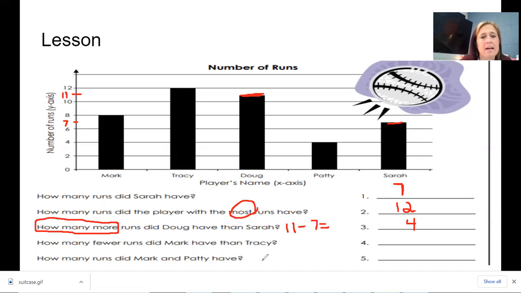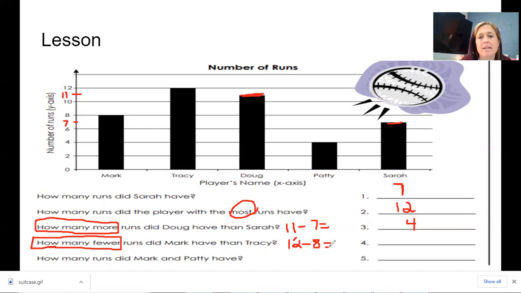Okay. Now, this one says how many fewer runs did Mark have than Tracy? So now we're looking to see how many fewer runs Mark has than Tracy. Well, Mark has 8 and Tracy has 12. So we're doing 12 minus 8.